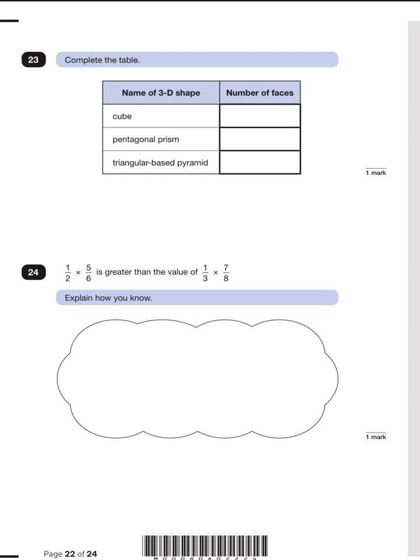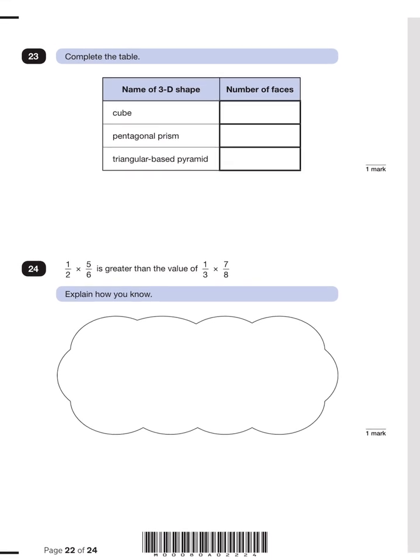Number 23. Complete the table. A cube, number of faces. So we know a cube has 1, 2, 3, 4, 5, 6 faces. Pentagonal prism, thinking pentagon, thinking 5 edges. With a pentagon 5, that's at least 5, and there will be 2 extra faces on either side of the prism. 5 and 2 is 7.